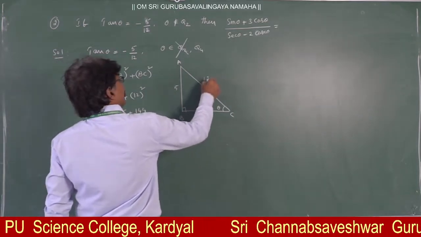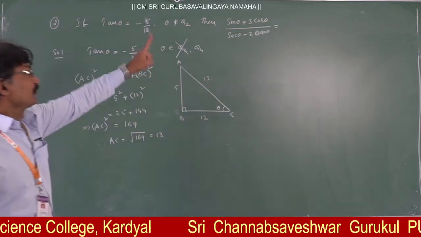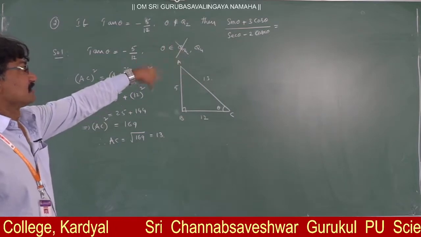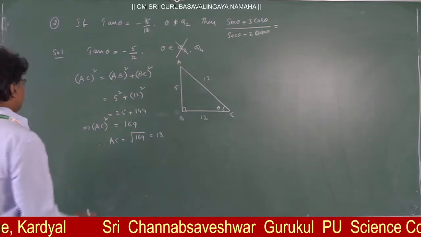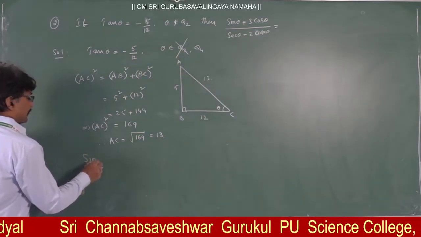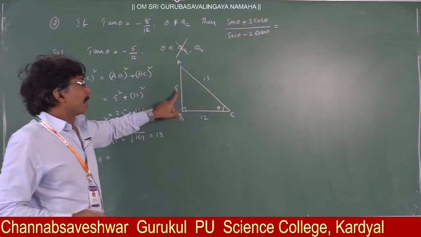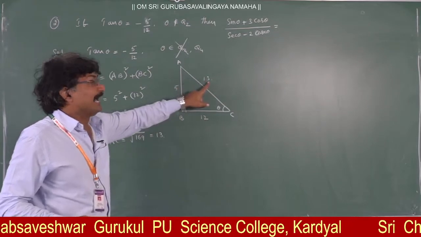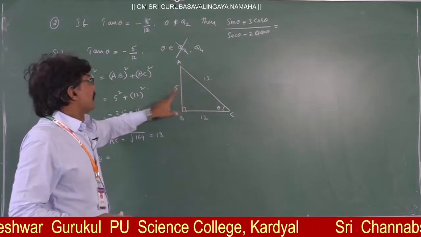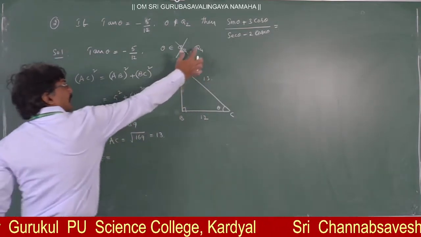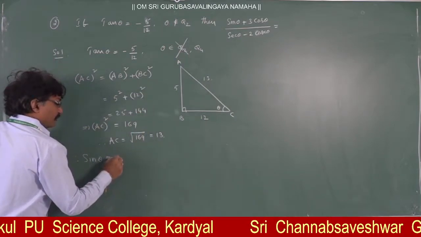Now, what is our required value? Sin, cos, secant, cosecant. First find the sin theta value. Sin theta formula: opposite side by hypotenuse. But in the fourth quadrant, sin is negative.